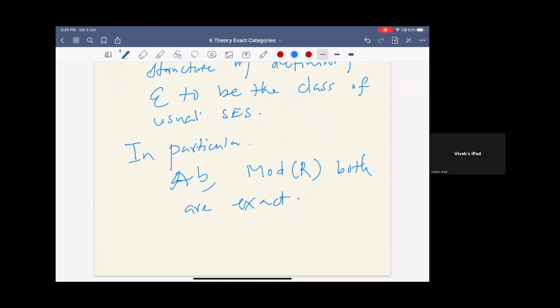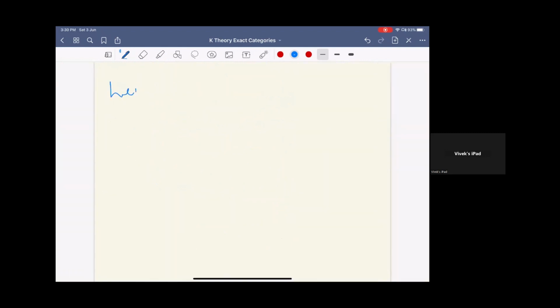All right. So now there is a lemma, but I'm not going to prove it. The lemma is the following.